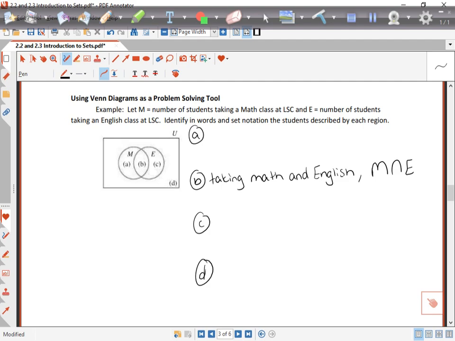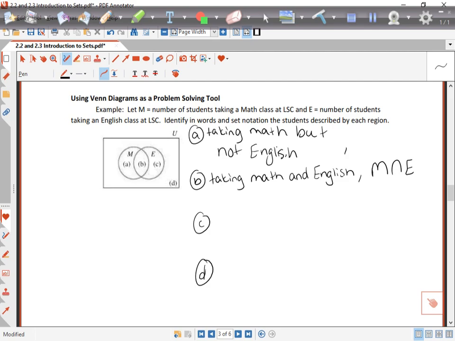Then looking at A, that's going to be taking math but not English. That's this little moon right here.